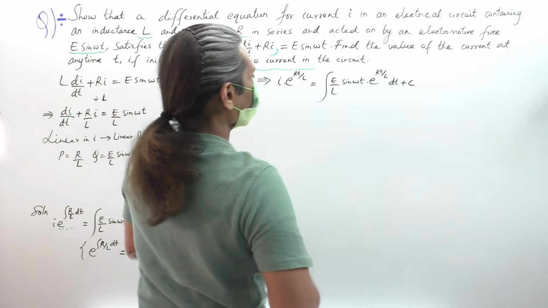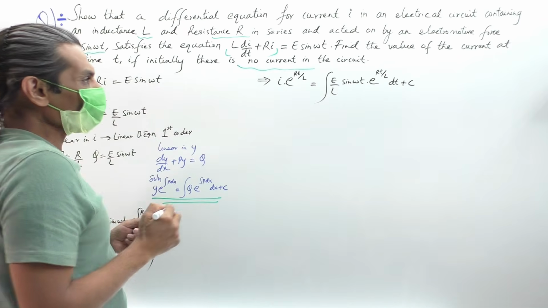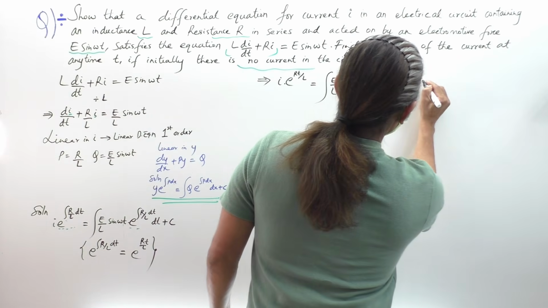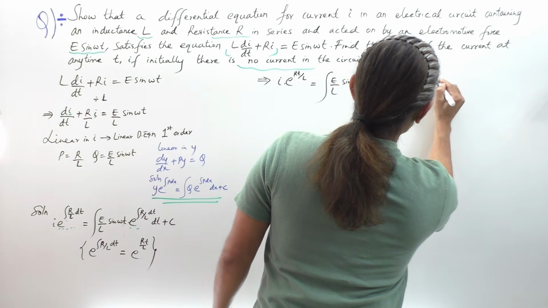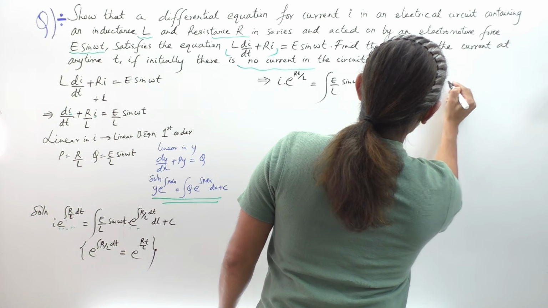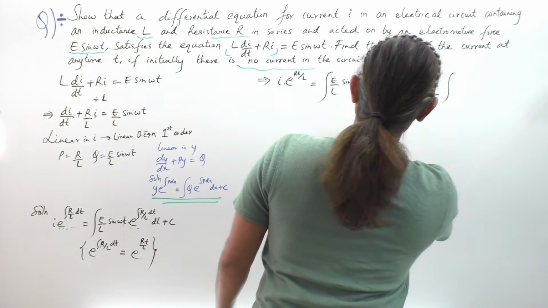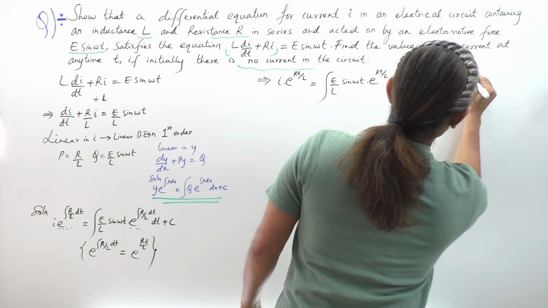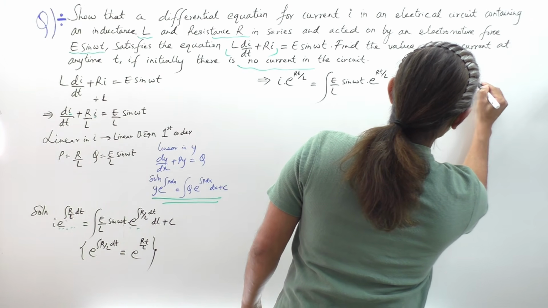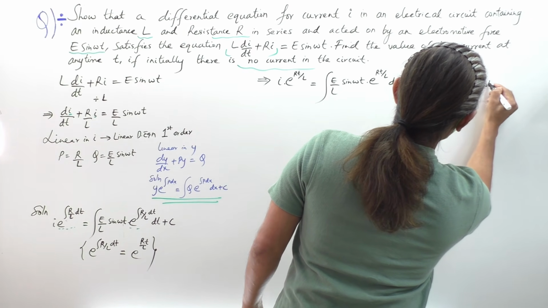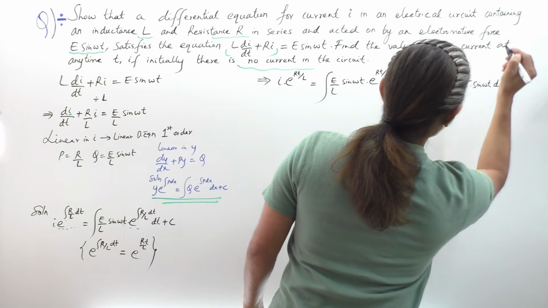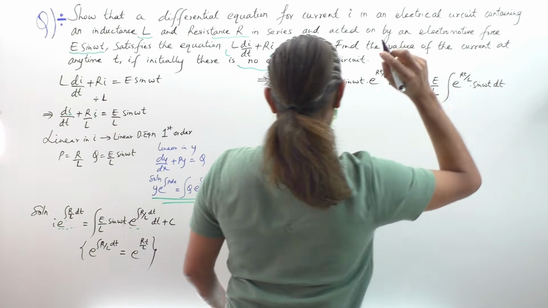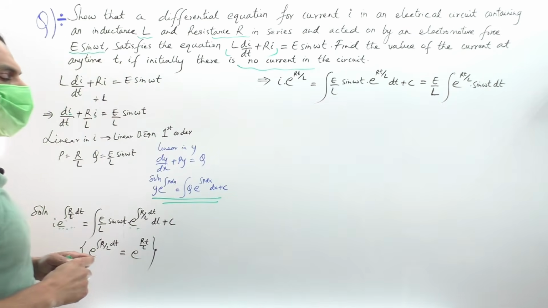This is what we get here. Now here you see that E by L is constant, take it outside, into the integration of, I take this first, e raised to rt whole divided by L into sine omega t dt. This is what we get here. I hope you understood till here.